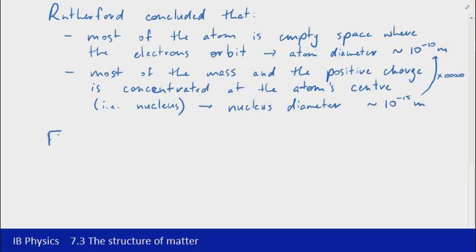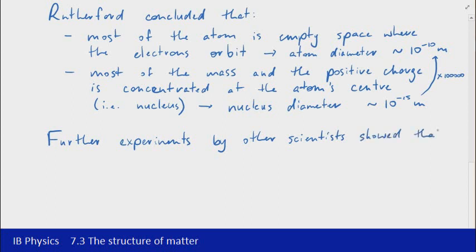So the last point to note here, so that we can move onwards through this subtopic 7.3, is that further experiments by other scientists showed that there was even more to understand about the atom.